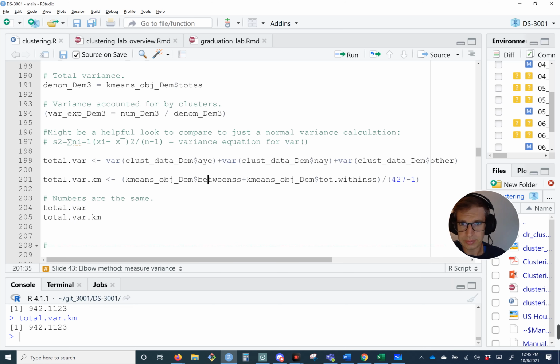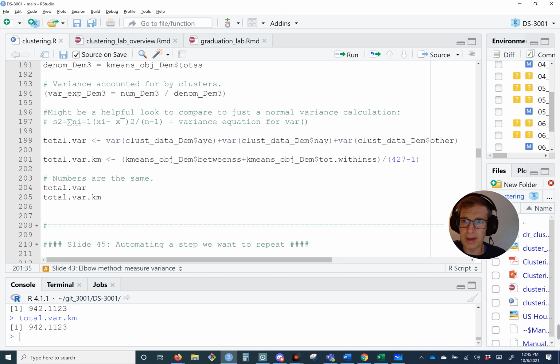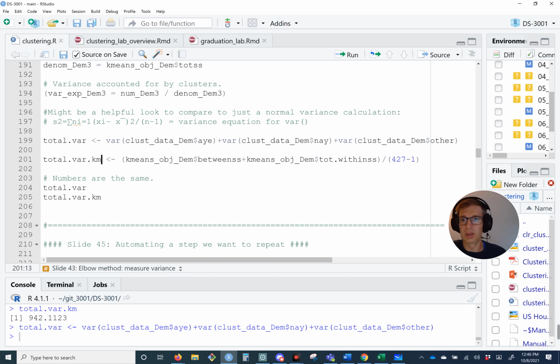And so what we have here, this total variance, is just the variance of the three variables that we're using, summed together. I already printed it out down here at the bottom. In here, these are features of our k-means object. This is the between sum of squares error, and this is the total within sum of squares error.